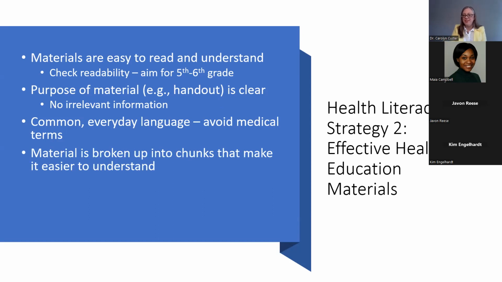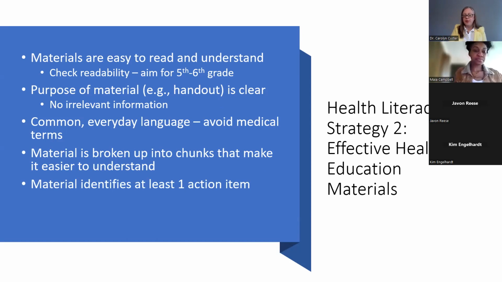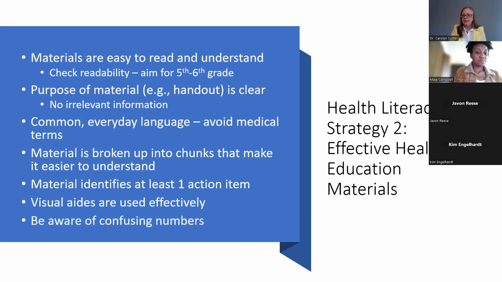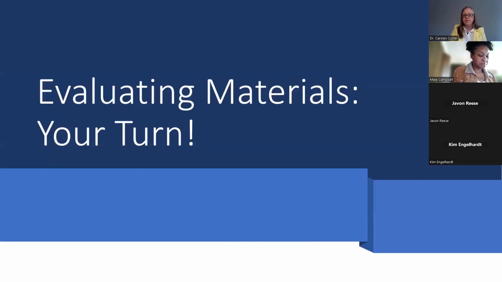People get wary, right, when you see all these words. So breaking it up with chunks or pictures is a good idea. Identify at least one action item and use visual aids. And then the last thing is beware of confusing numbers. Sometimes, especially relative statistics can be confusing.